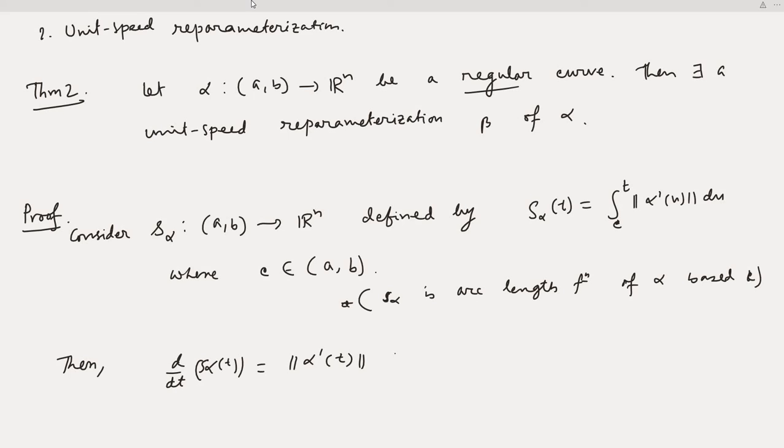So this is greater than 0, as alpha prime of t is not equal to 0 for all t in the open interval (a, b), as alpha is regular.